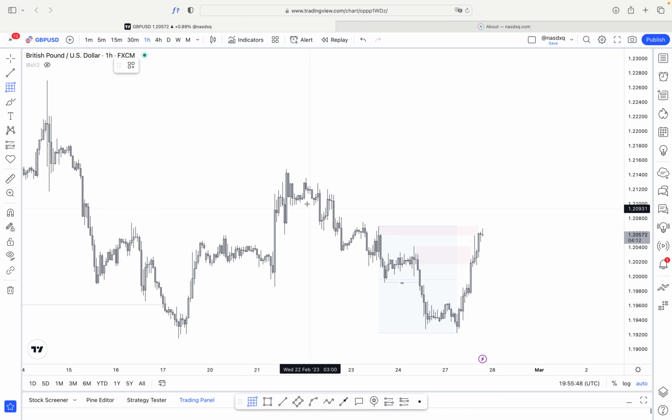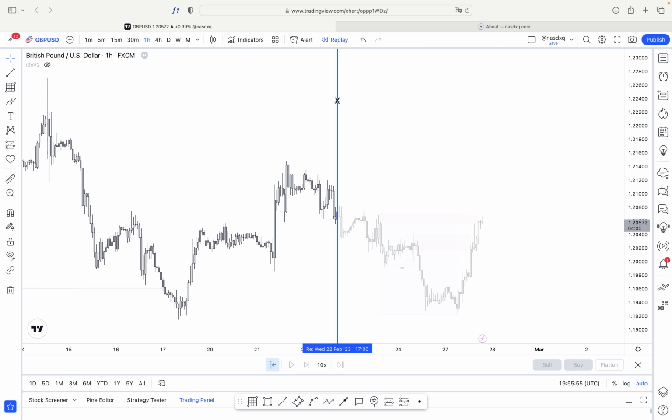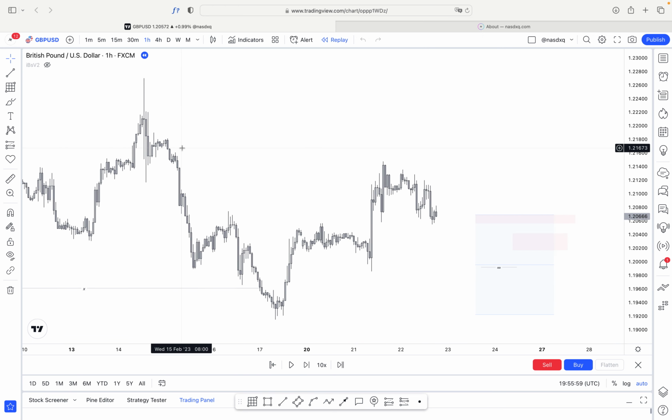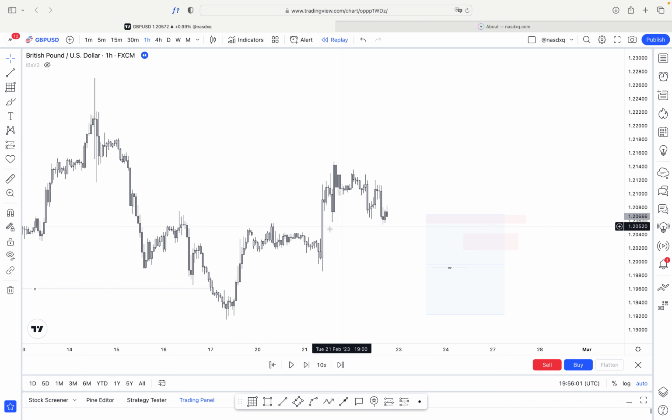For me, I wouldn't be looking at this anyway because it hasn't broken structure to the downside. There's no valid reason for me to be looking for sells at this point in time.